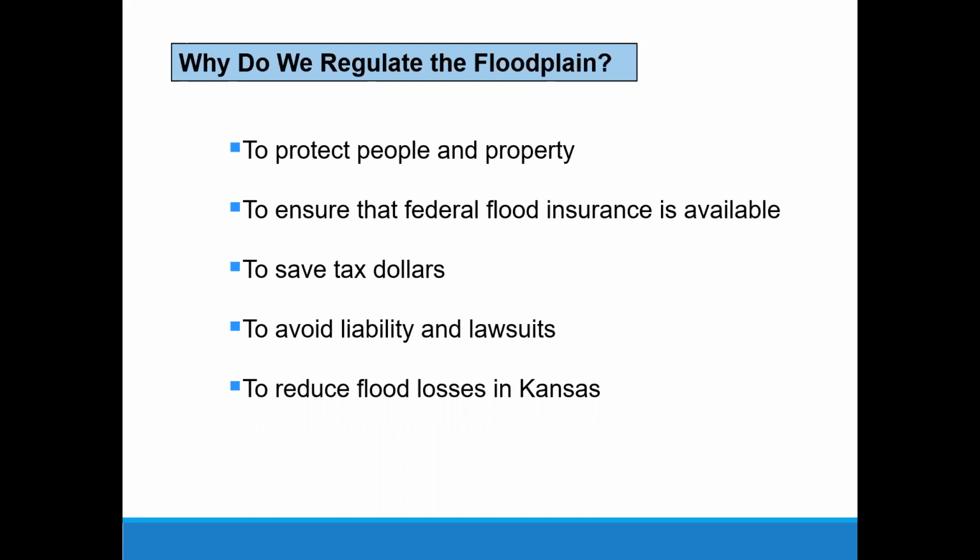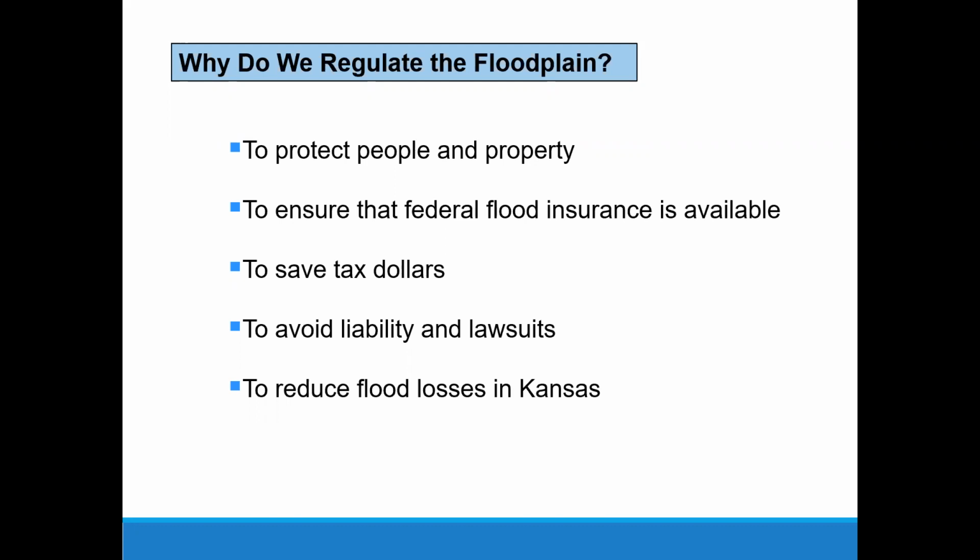So that's why we have the mandatory purchase requirements. And to save those tax dollars, again, that we were losing out on just disaster assistance by itself, and to avoid liability and lawsuits. So we can't just let people do whatever they want in the floodplain knowing that there's a hazard, and we don't warn them about it, and we don't keep them safe and protect them from the flood within reason. So we have to do that.